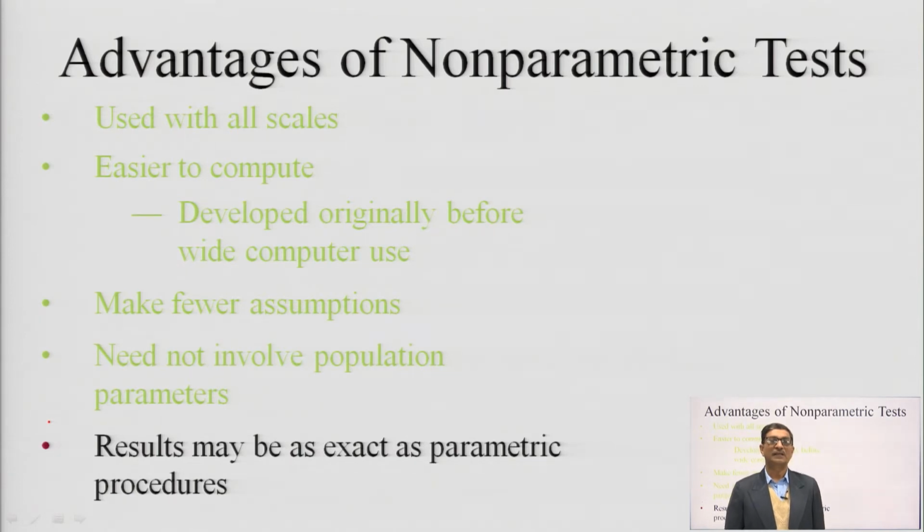Results may be as exact as parametric procedures. So, non-parametric tests are distribution free tests, and when our data is not normal or is skewed, then we apply non-parametric tests. There are different types of non-parametric tests like the Wilcoxon sign rank test, Mann-Whitney U test, and Kruskal-Wallis test.